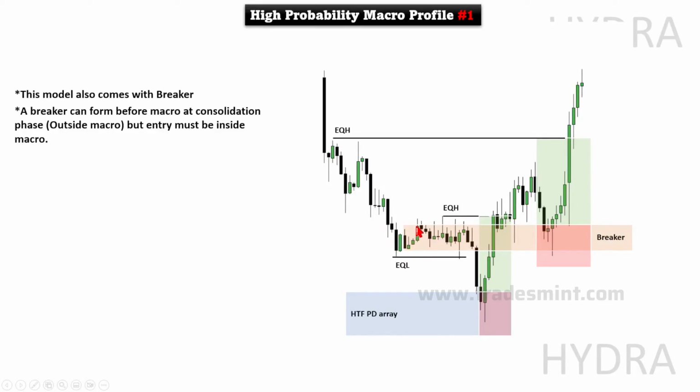This breaker got accumulated or engineered inside the accumulation phase. Okay, this is our accumulation phase, this is our manipulation phase, and all of this is our distribution phase. So our breaker will form outside macro, but price will activate and make this breaker a high probability when inside macro.